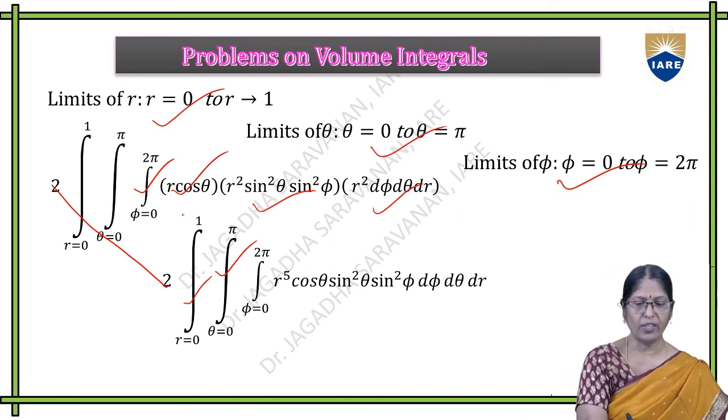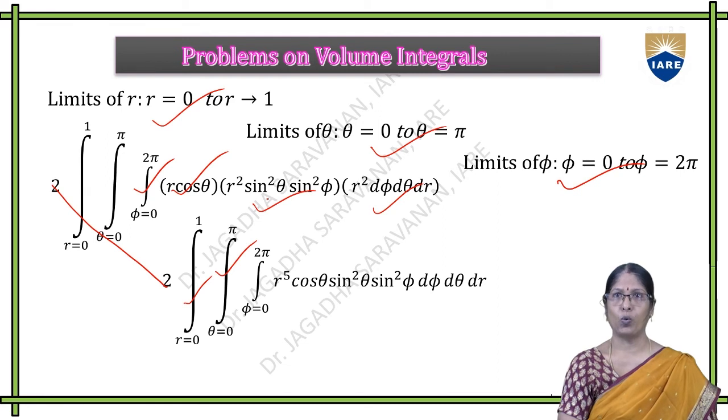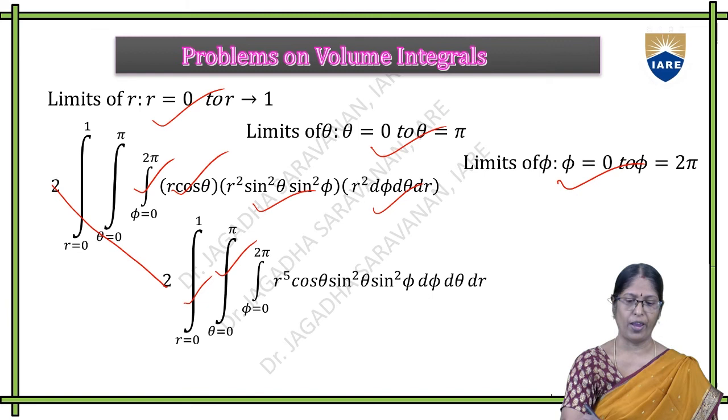Now, where the r terms are there, r power 1 times r square times r square gives r power 5.